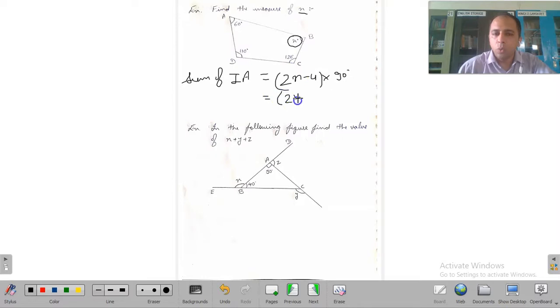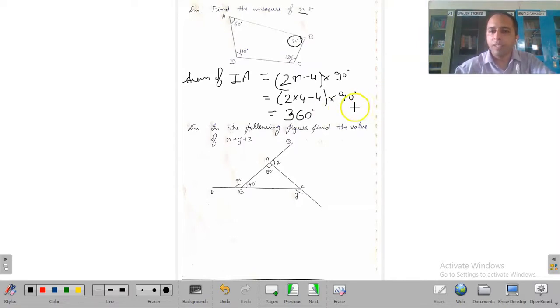It is (2 multiplied by 4 minus 4) multiplied by 90 degrees. 2 multiplied by 4 is 8, 8 minus 4 is 4, and 4 multiplied by 90 is 360 degrees. We have just calculated this in the previous examples. So the sum of all interior angles of a quadrilateral is 360 degrees.